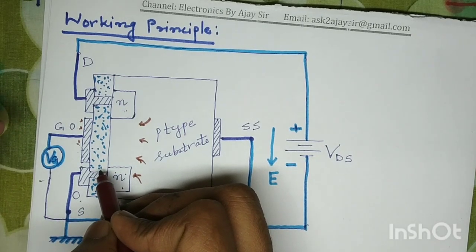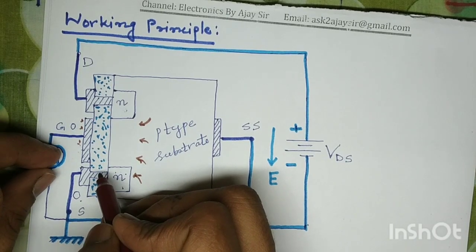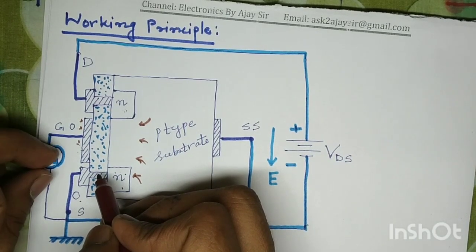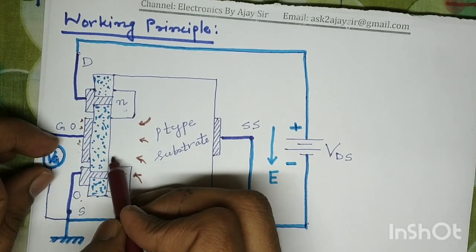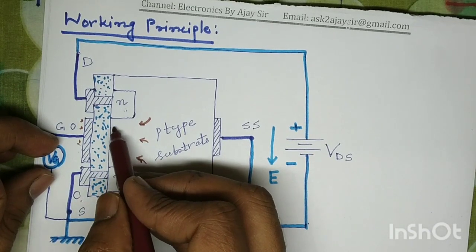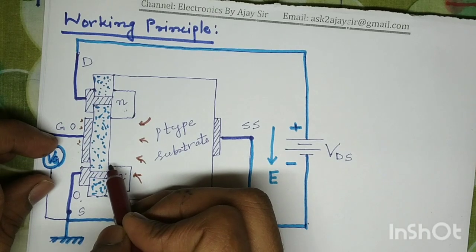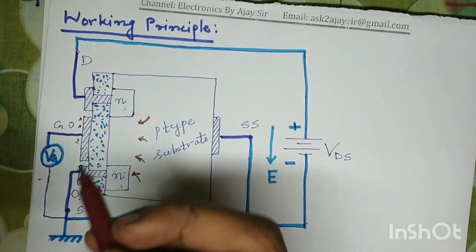So even if the gate potential is positive, if it is very small, very few electrons will be attracted towards this channel region, and hence the current conduction is very small.